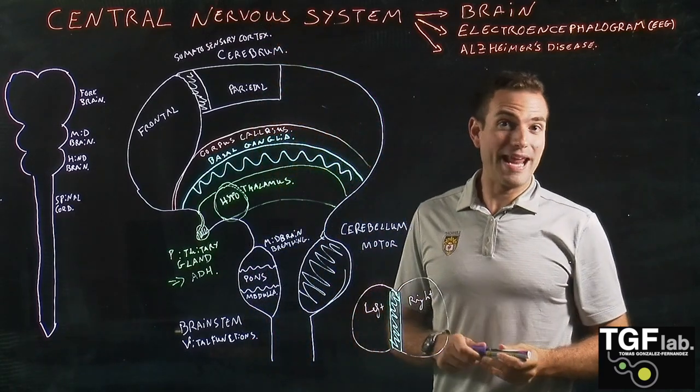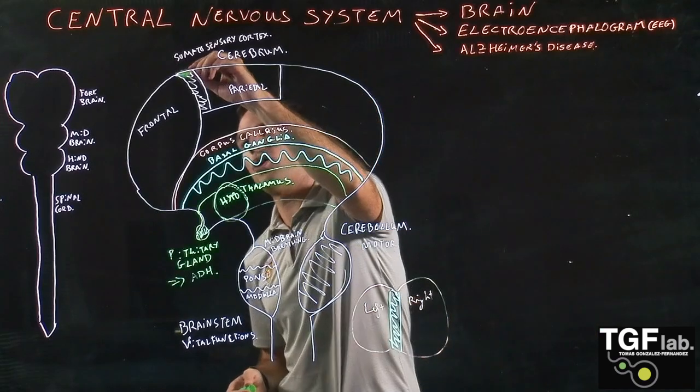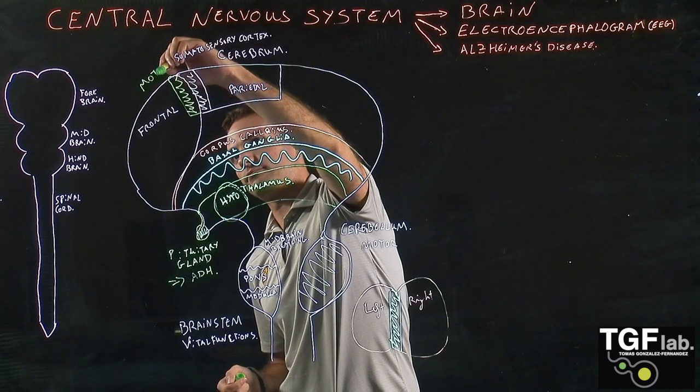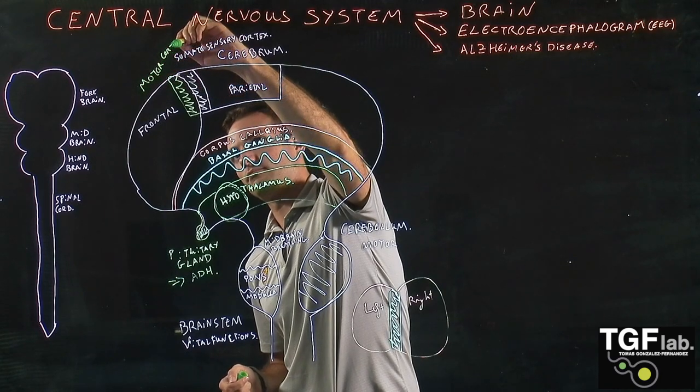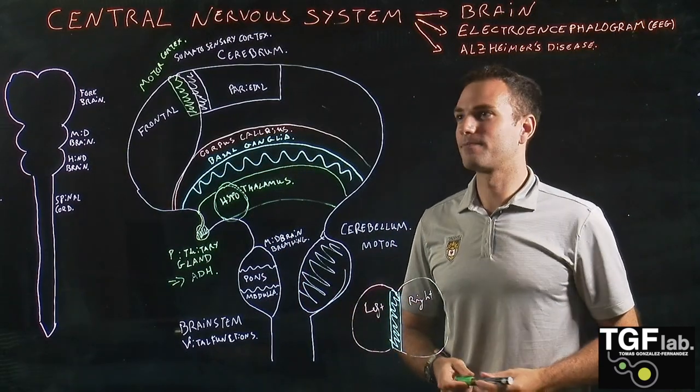And then next to the somatosensory cortex, but in the frontal lobe, we have another cortex, which is the motor cortex. Which is going to process all our motor voluntary movements.